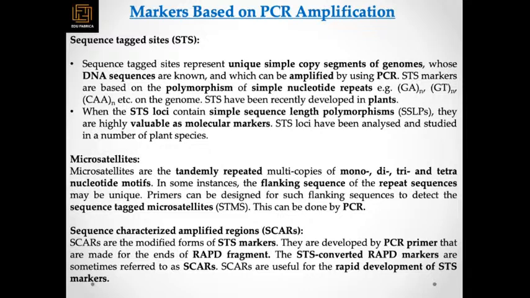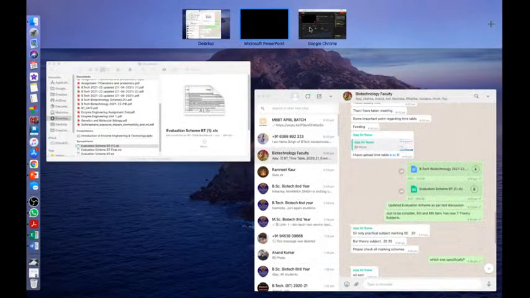So STS markers are based on the polymorphism of simple nucleotide repeats, like GATN, they will be repeating again and again, CAA on the genome. So they have been recently reported in plants. So when STS loci contain simple sequence length polymorphism, SSLPs, they are highly valuable as molecular markers, and STS loci have been analyzed and studied in a number of plant species.